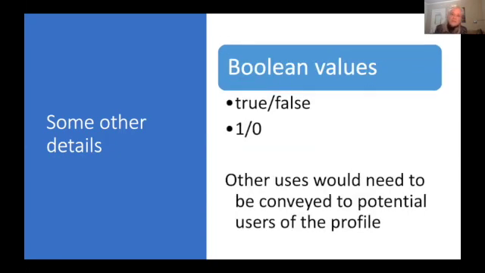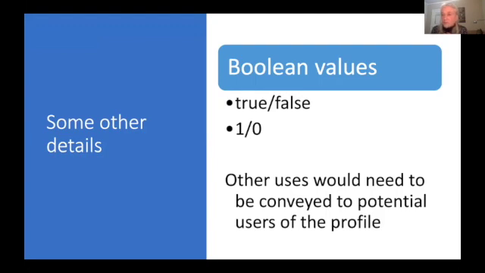With the Boolean values, as you saw for mandatory and repeatable, which are both Boolean, again, looking at the XML schema standard, which is what RDF uses and what is also used in a number of other data formats, the two possible Boolean values are true and false or 1 and 0.